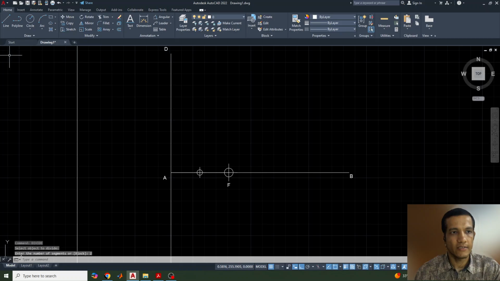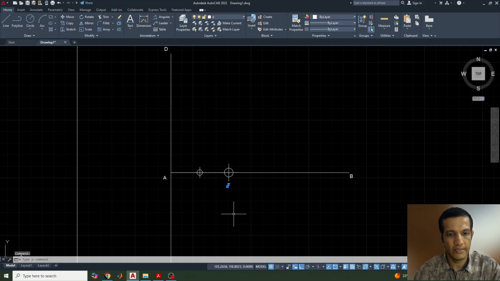Okay, and this is the V point. So just copy the text and paste it here, and this is our V point. Now we need to draw the line here.